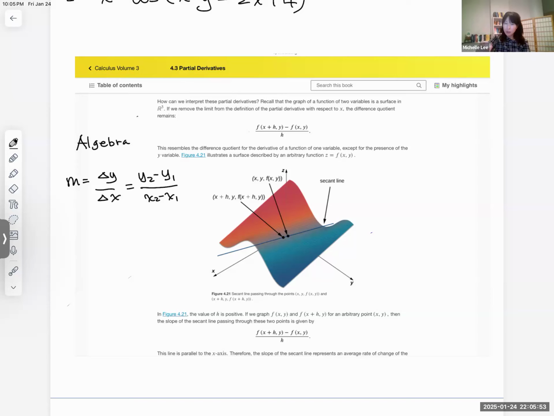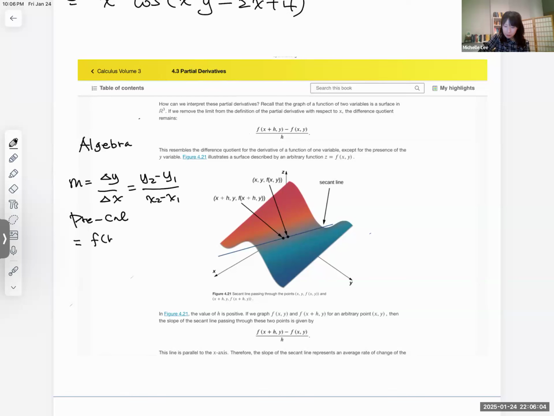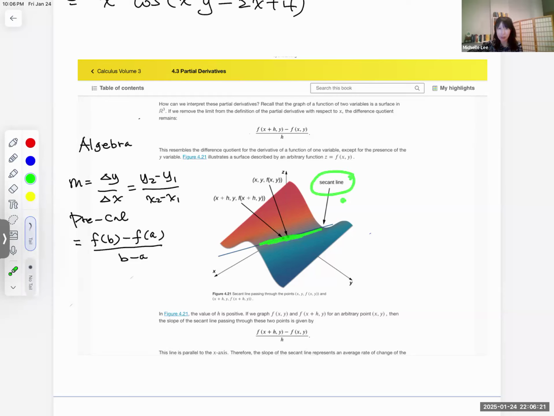Then in pre-calculus, we're using function notation, right? So that is f of b minus f of a over b minus a, right? Okay, now the secant line. We have 2 points, we connect them. Yeah, that is the secant line, right?